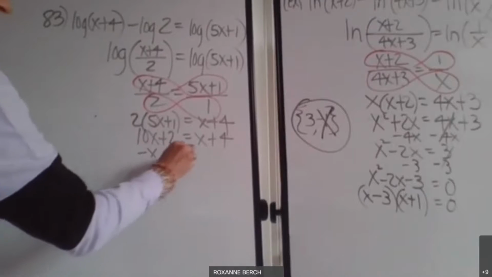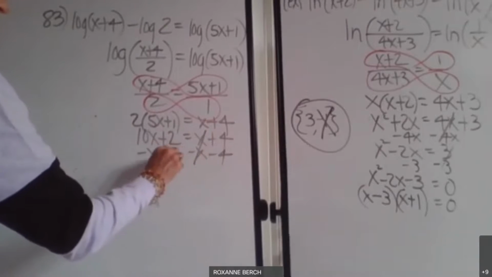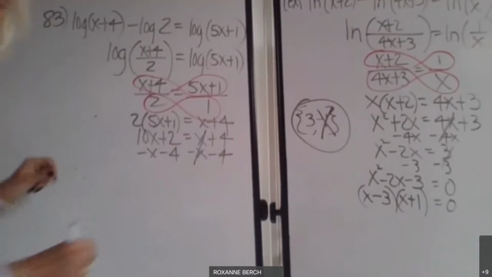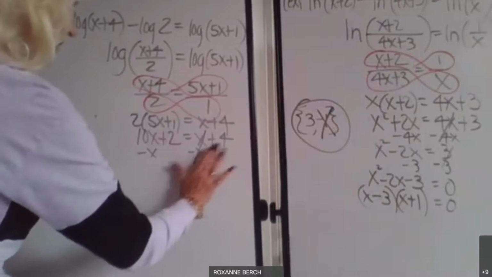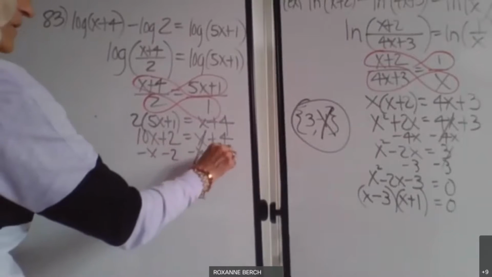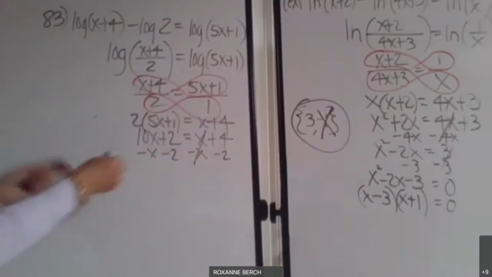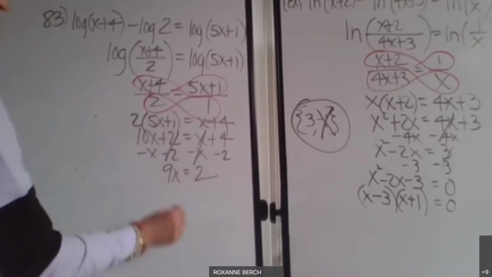So couldn't you just subtract x from both sides and subtract 4 from both sides? Actually, no, we don't want to do that. Don't subtract 4. We're solving for x. So we want to subtract 2 from both sides and put the variables on one side. So on the left, we would have 9x equals 2.